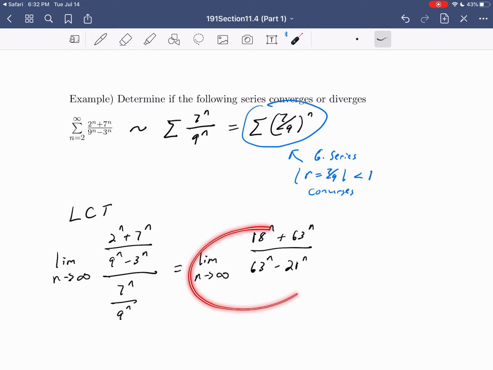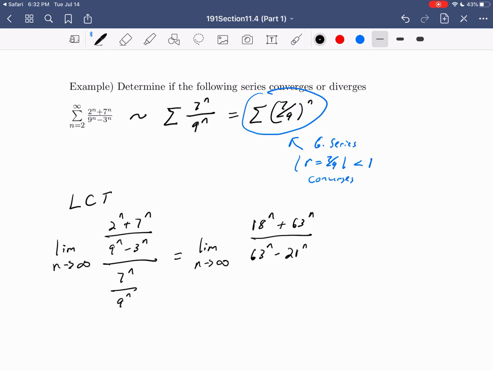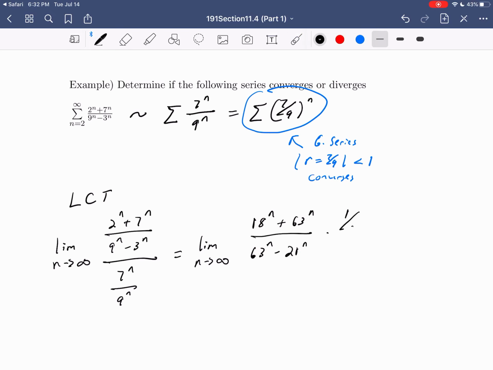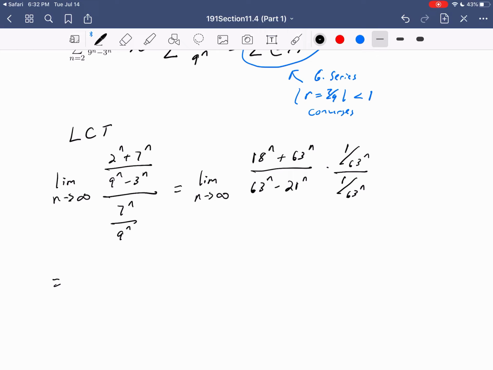Now this is messy, but all of these are exponential terms. So let's take the largest base in the denominator and multiply by 1 over 63^n. If we do that, we would get the limit as n goes to infinity of ((18/63)^n + 1) over (1 - (21/63)^n).